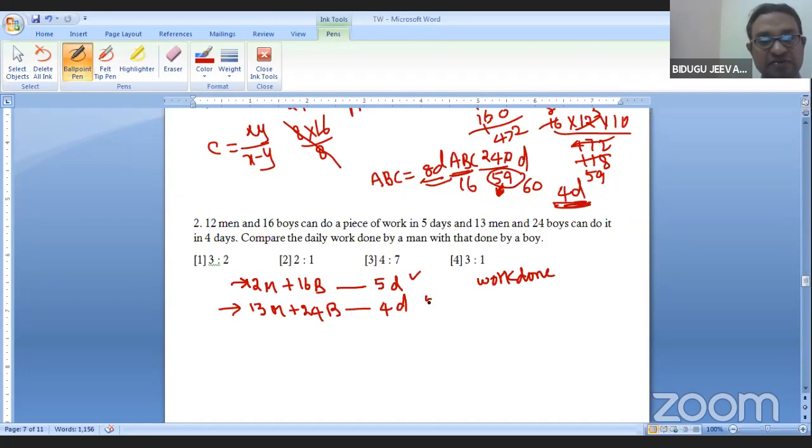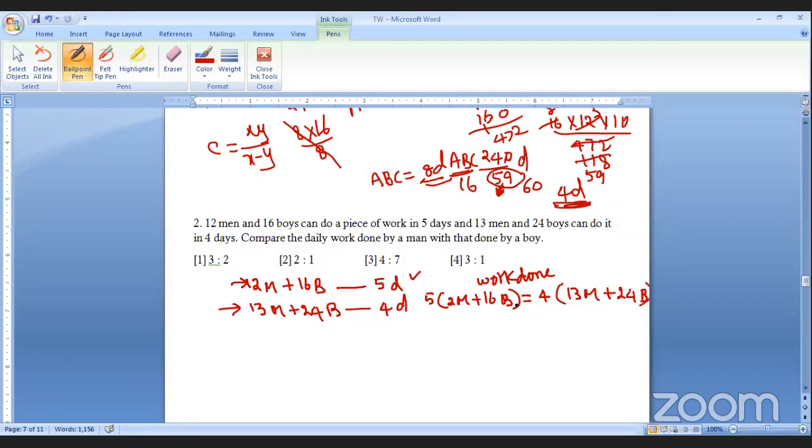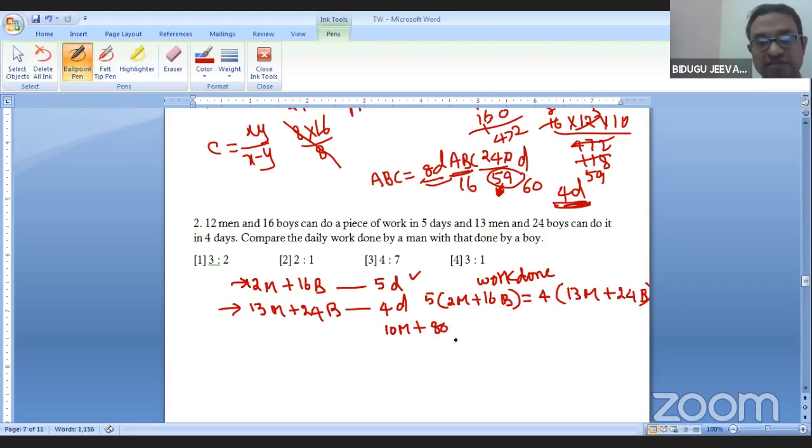So let me write 5 into 12 men plus 16 boys is equal to 4 into 13 men plus 24 boys. So 60 men plus 80 boys is equal to 13 fours are 52 men plus 96 boys.